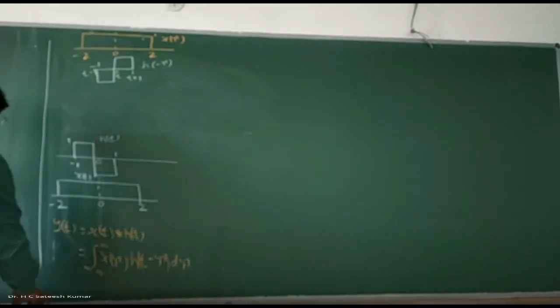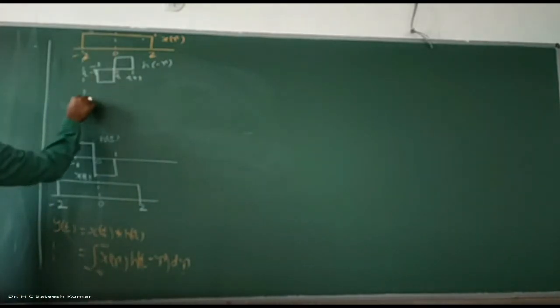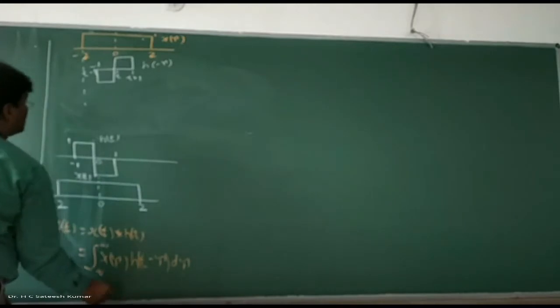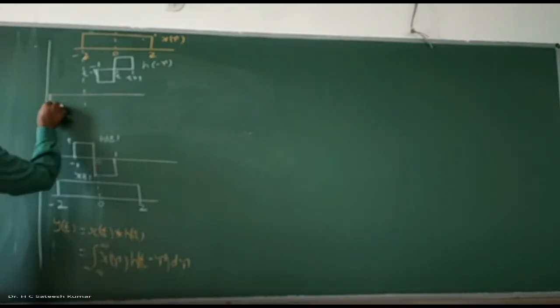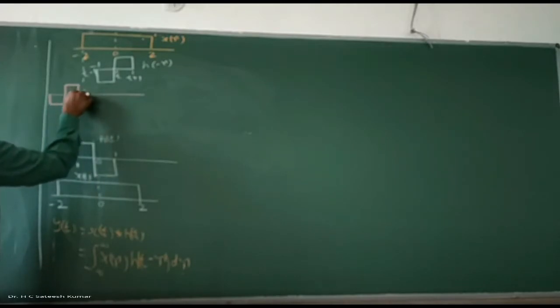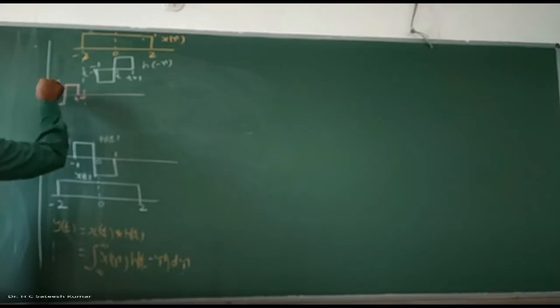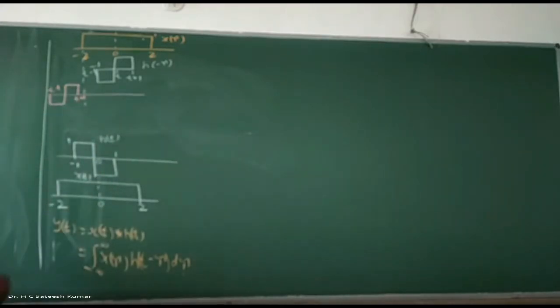Start shifting from minus infinity. Until this point, no overlapping at all. So therefore, as long as case number 1, like this: t plus 1, t minus 1, and this is t.